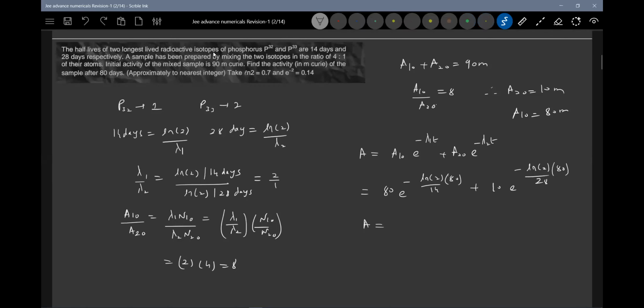Can anybody help me in simplification? 80 e to the power of total, how much will we get? Sir, total 2.96. 2.96 millicurie it should be.